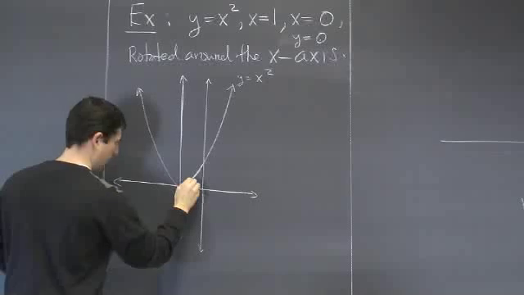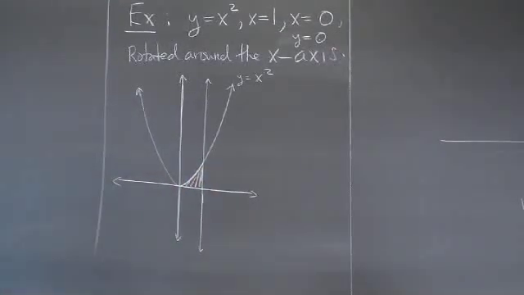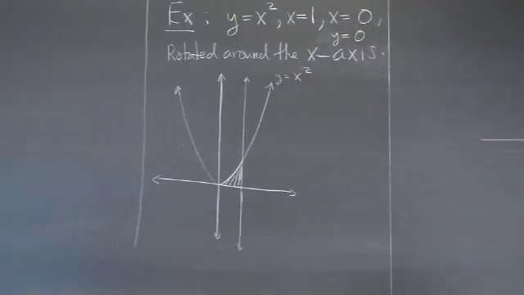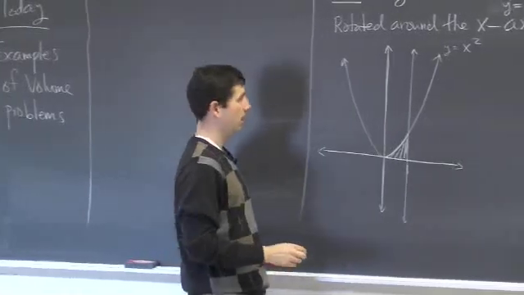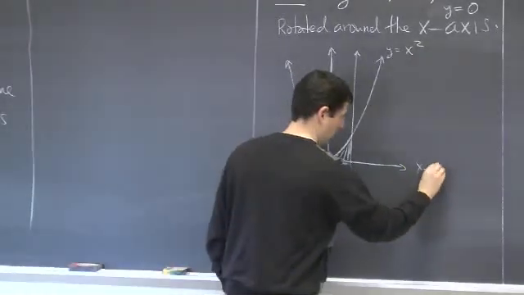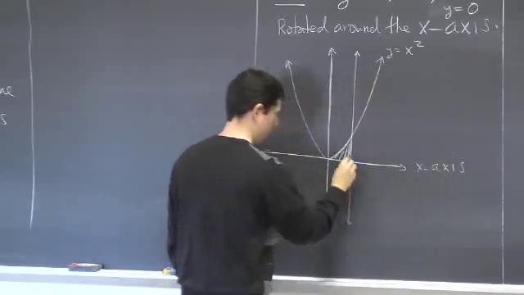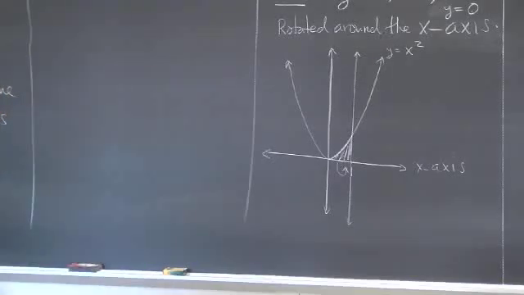So I'm looking at this region right here. Okay, and I'm supposed to rotate it about the x-axis. So that's here. So I'm going to rotate that region around it.